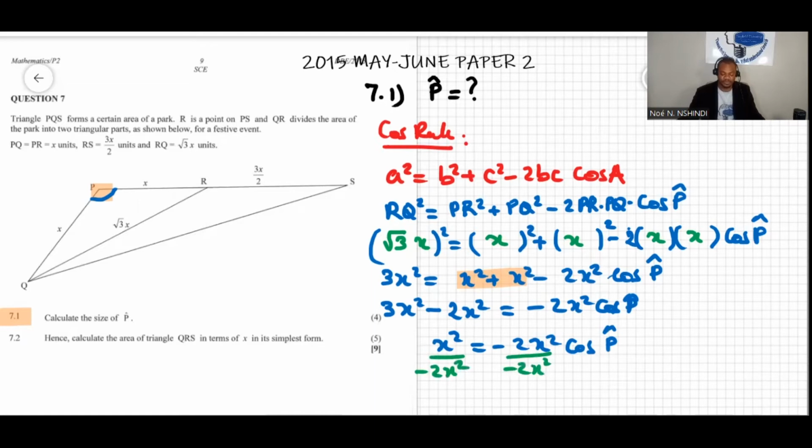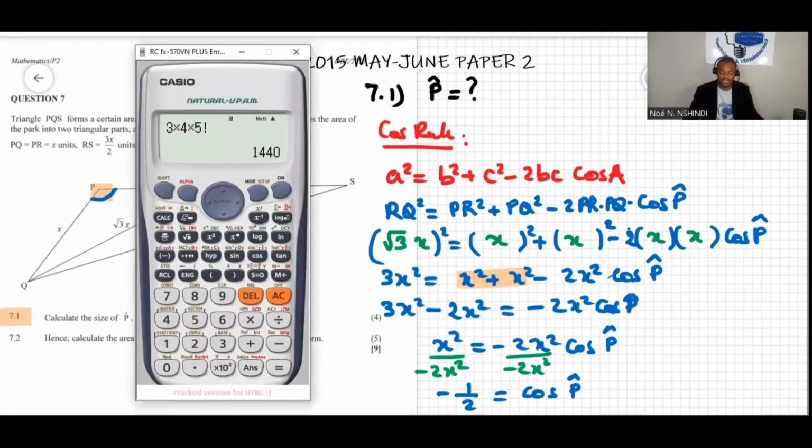Then we are left with negative a half equal to cos P. So what is the value of the angle for which cos of that angle equals negative a half? We're going to do that with the help of the calculator.